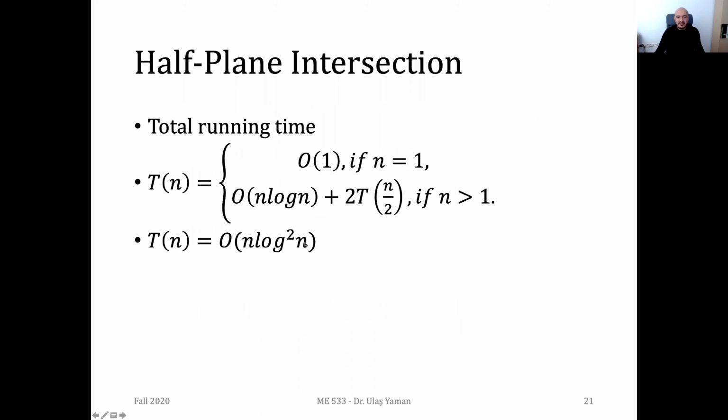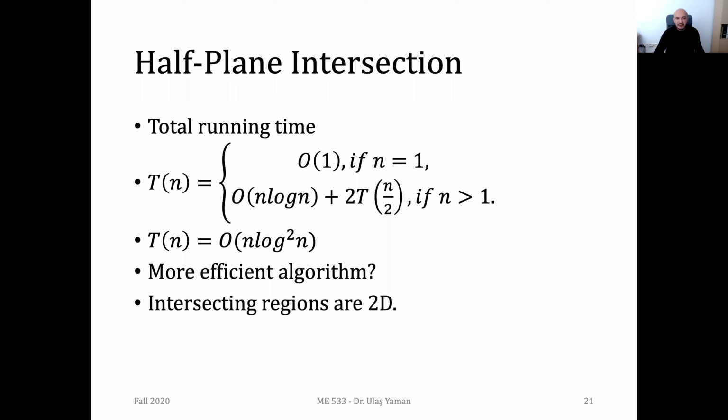Since we are always dividing these regions into halves, we multiply by another logarithm of n, and that will be n times logarithm squared of n. But this is time consuming, close to quadratic, not exactly quadratic, but close to that. So we are trying to find a better algorithm which has less time complexity than this one.